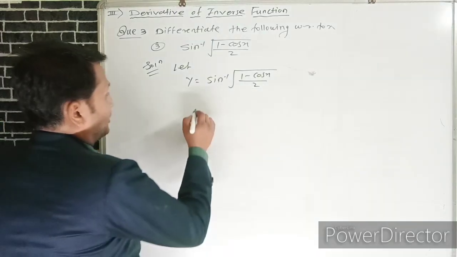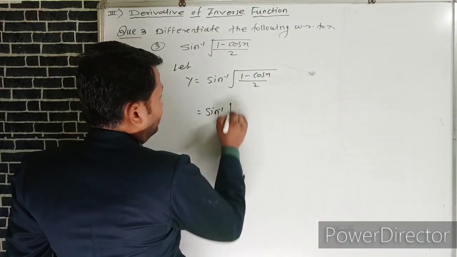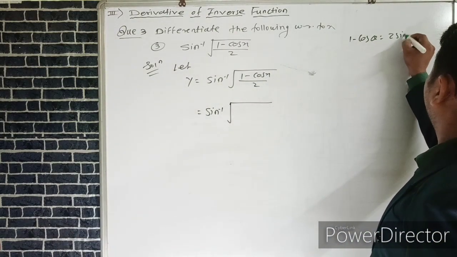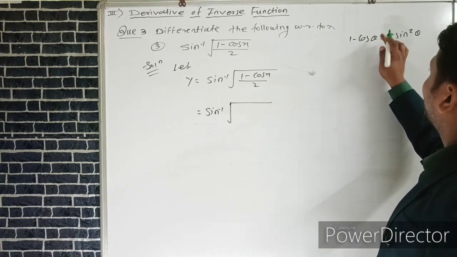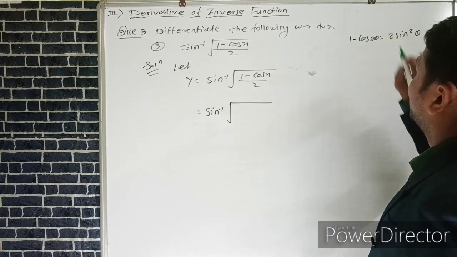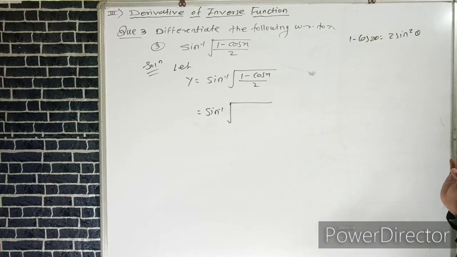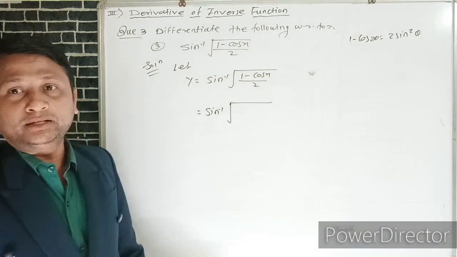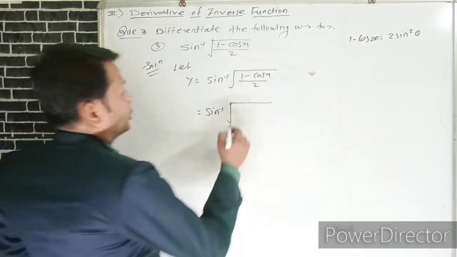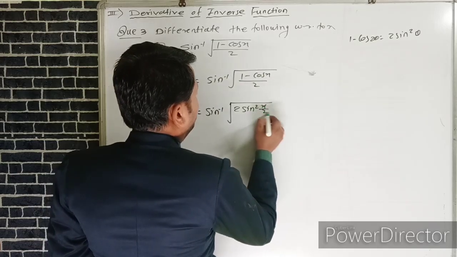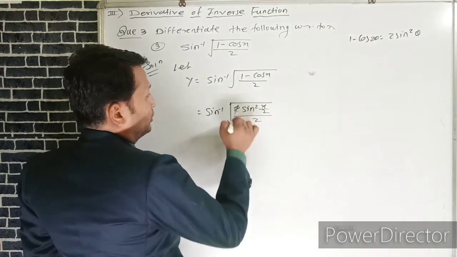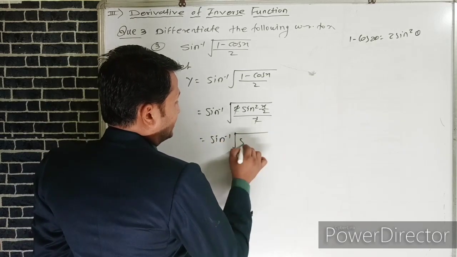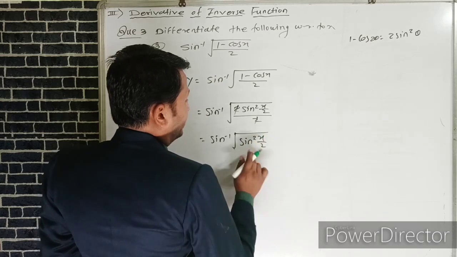We know that 1 minus cos theta is equal to 2 sine square of theta by 2. Using this rule, we can write 1 minus cos x as 2 sine square x by 2 upon 2. Here 2 is cancelled. We can write sine inverse of under root of sine square x by 2. Here square and square root are cancelled.